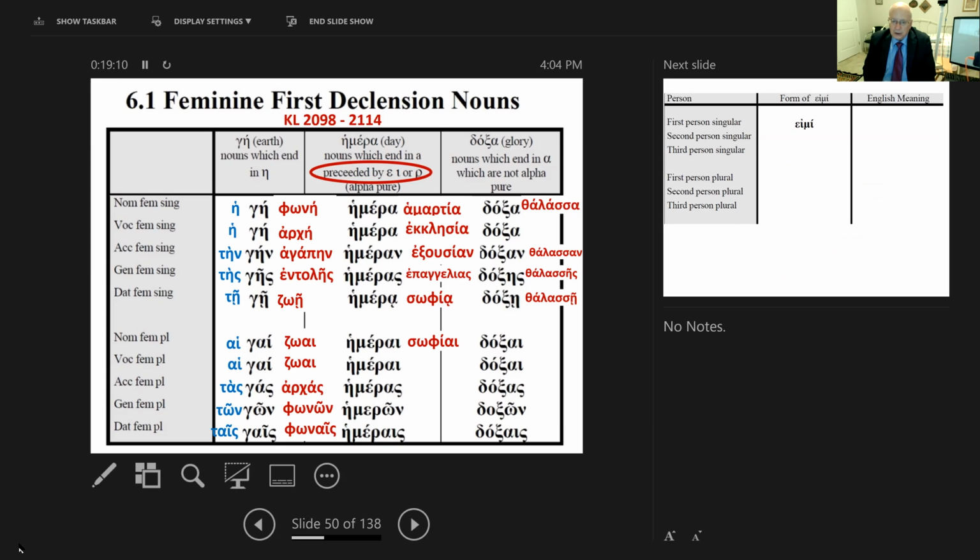The genitive plural is tōn. Tōn gōn, of the lands, tōn phōnōn, of the voices, tōn hēmerōn, of the days, tōn doxōn, of the glories.